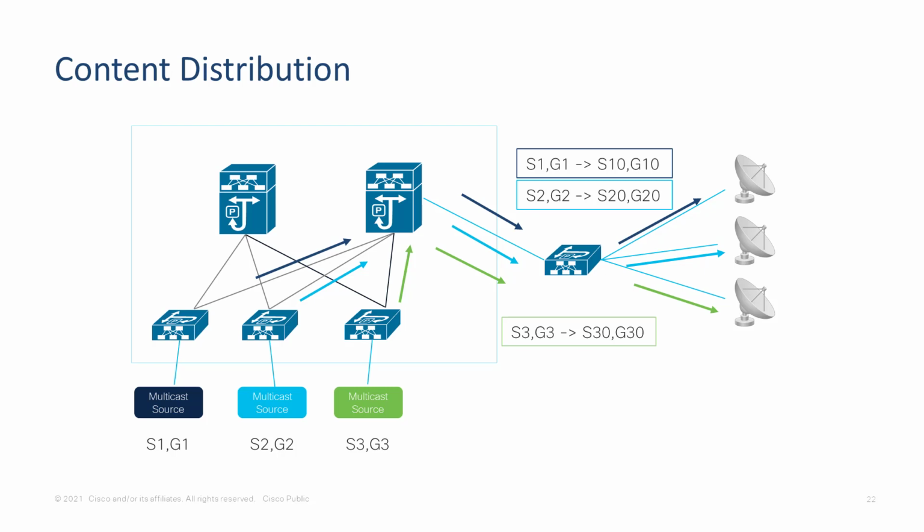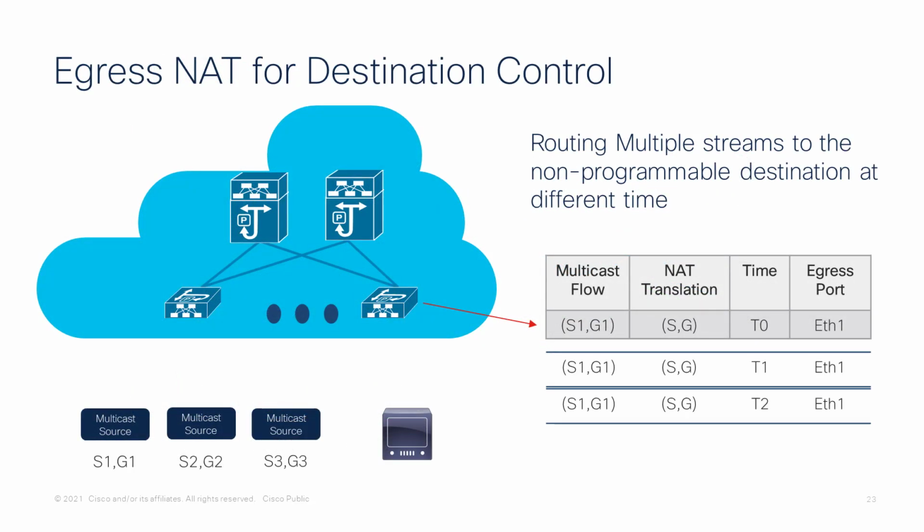managing that demarc switch. And then this functionality can also be used for destination control. As an example, say you had this destination, which is a TV monitor, that is not capable of sending IGMP joins. But you have to route different signals or multicast sources to that destination at different points in time. So over here, I can use Egress Multicast NAT on the switch that's connected to the destination.